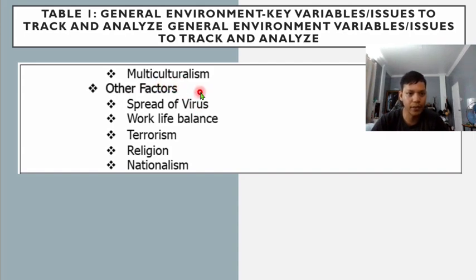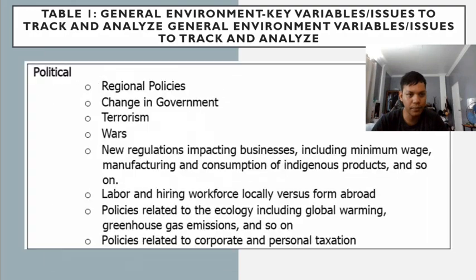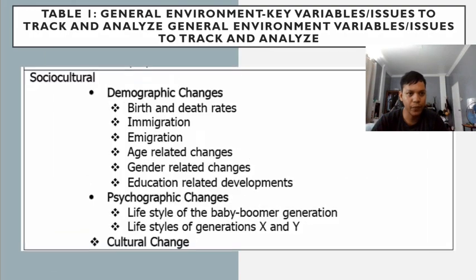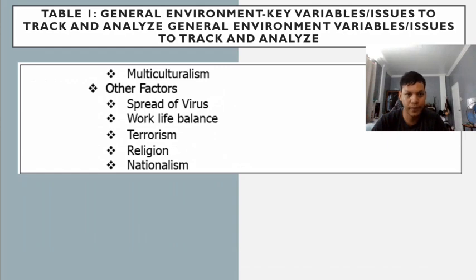And we also have other factors like spread of virus, like coronavirus, work-life balance, terrorism, religion, and nationalism. Especially in this part, religion, we have different religions, different denominations, and different views concerning what is good, what is bad, what is appropriate, and what is inappropriate. And the political environment also influences this part.